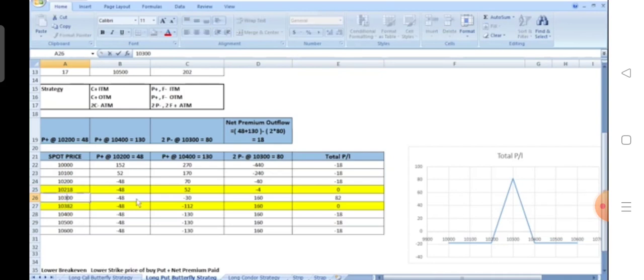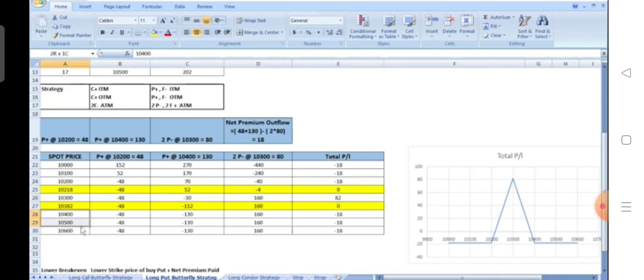At 10,300, the 10,200 put option has lapsed, the 10,400 put option is exercised, and the 10,300 put has also lapsed. So the total P&L at this point of the strategy is a profit of 82. This is the point where we get the maximum profit from this strategy.